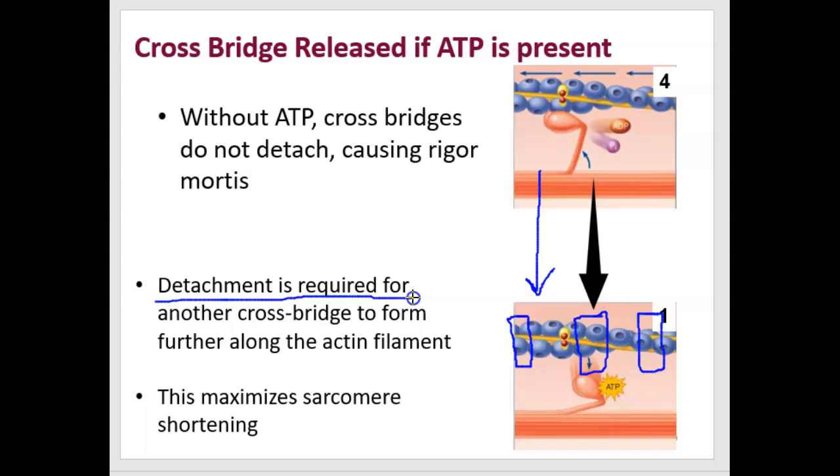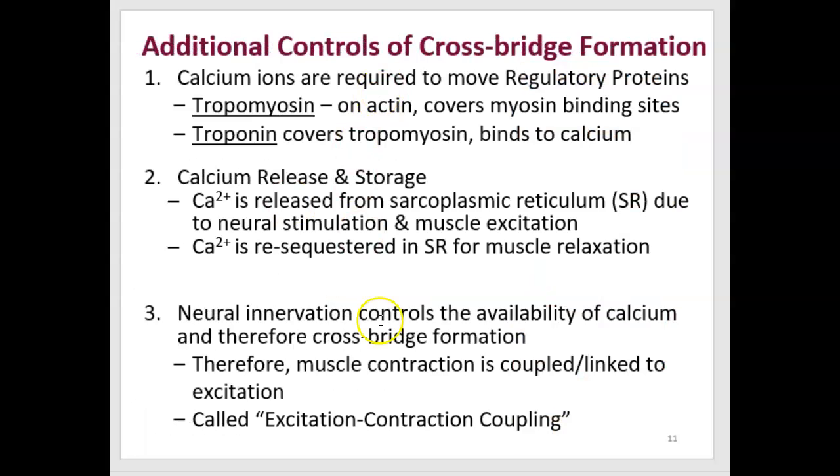So detachment is required for another cross bridge to form further along the actin filament. And so that maximizes how much the sarcomere can shorten. So there's some other controls for cross bridge formation. Obviously, calcium has to be present to expose the binding sites for myosin on actin.